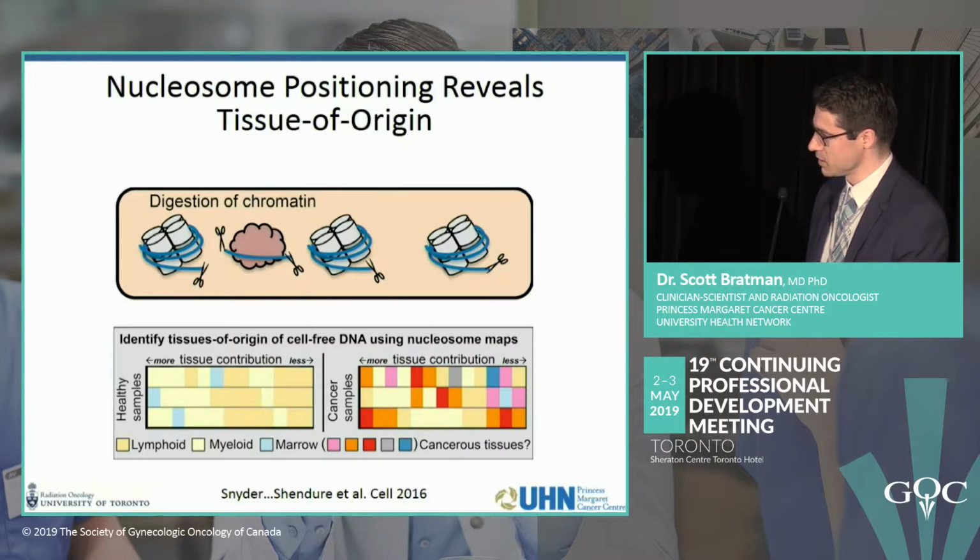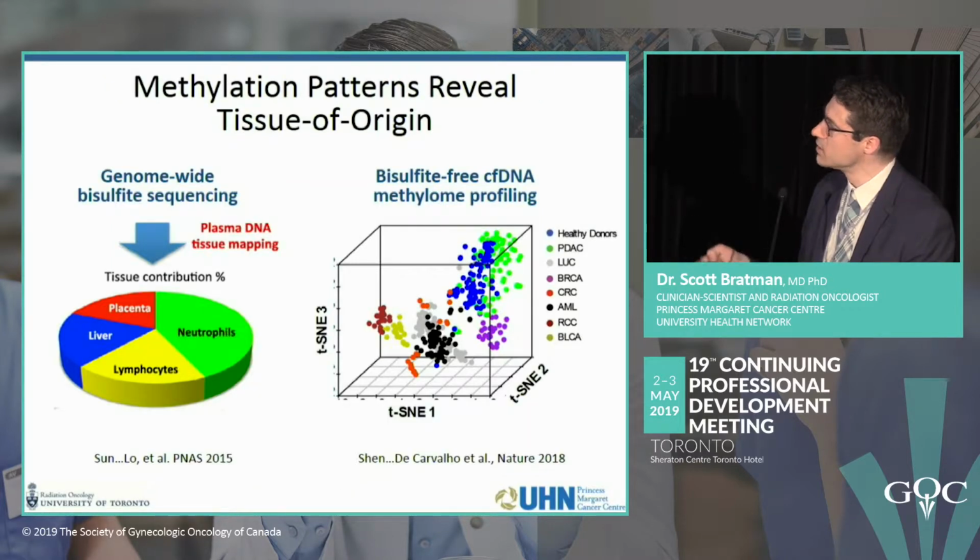For example, cell-free DNA coming from lymphoid cells or myeloid cells or potentially different cancerous tissues can be distinguished based on these histone occupancy maps. This is all in the research space, though.